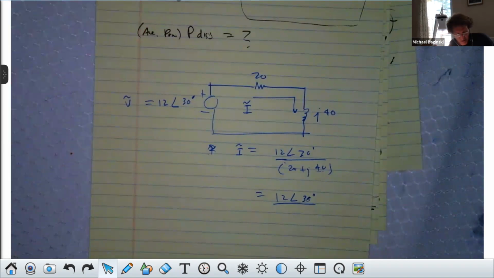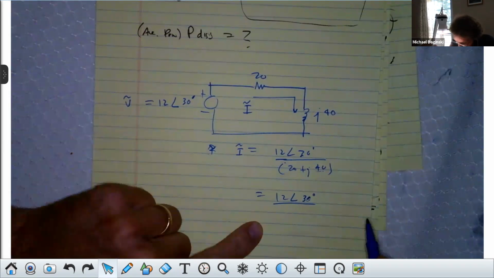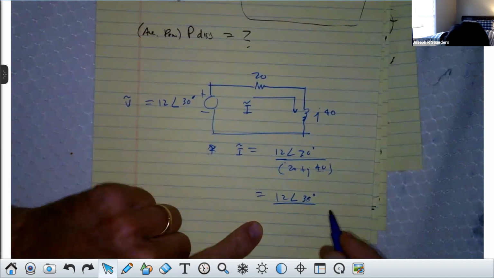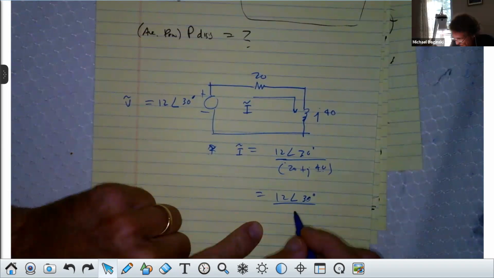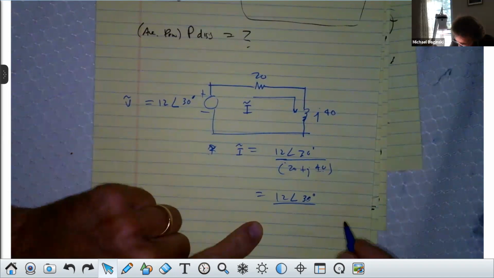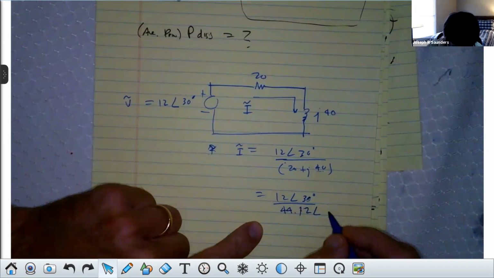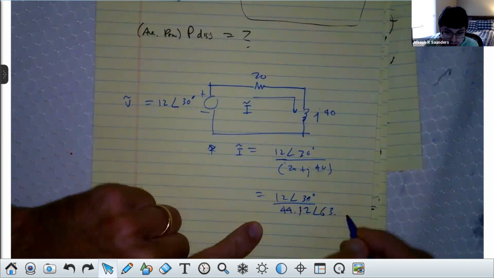I don't spend time on Octave doing it. I will if it's necessary. I just need a magnitude and an angle here for 20 plus j40. 44.72 at 63 degrees. Anybody confirm that? Yeah, the magnitude is 44.7 at 63.43 degrees. That sounds right.